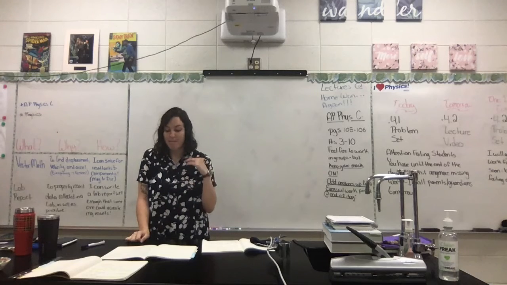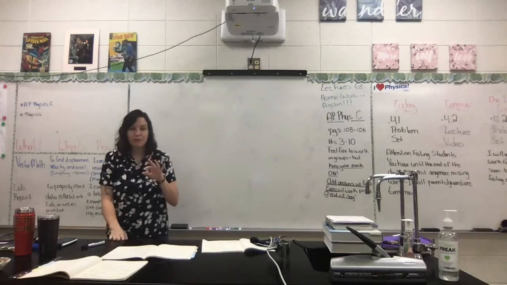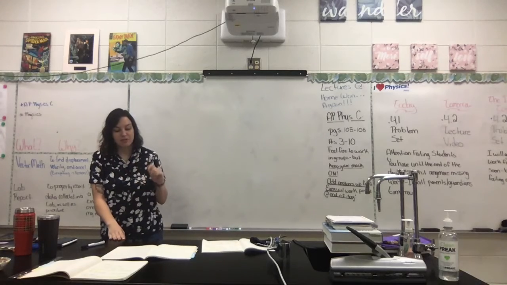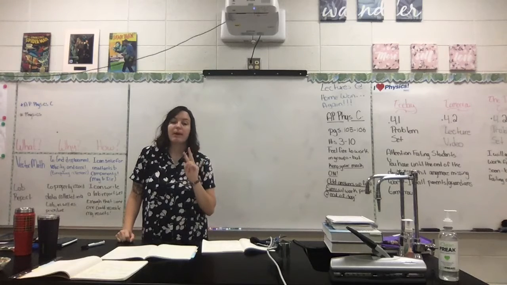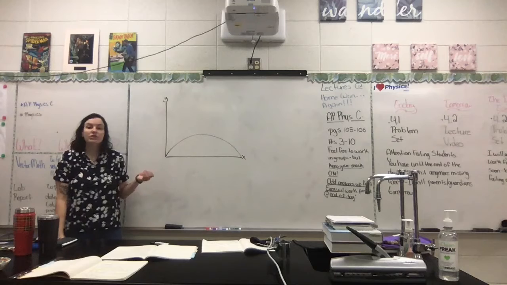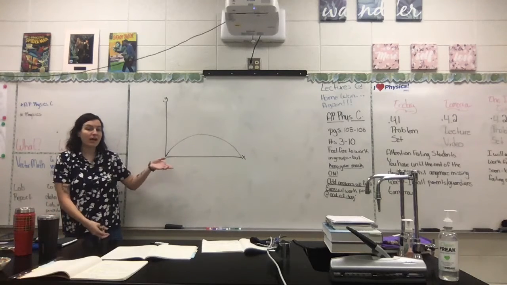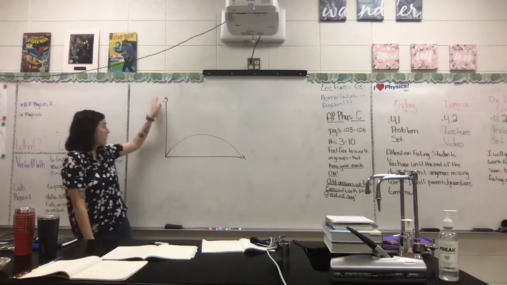It doesn't matter. The other thing to cover before we get into this is that projectile motions in 2 dimensions are going to follow a parabolic trajectory. Here we have an example of what a trajectory would look like. We have our x-axis, we have our y-axis.